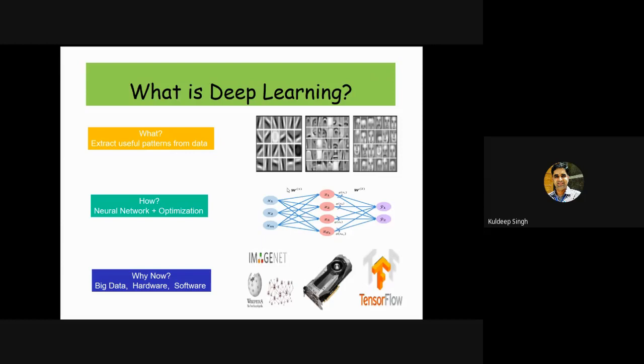One of the popular datasets is ImageNet, which contains millions of images, and most of the modern convolutional neural networks for image classification have been trained on ImageNet. Secondly, availability of hardware. You all must be aware that specialized hardware like graphical processing units, GPUs, have made deep neural networks practically realizable.